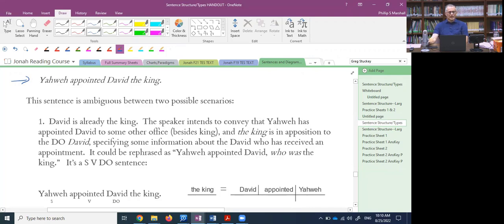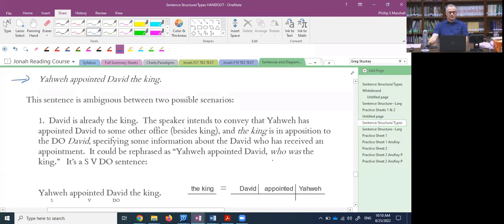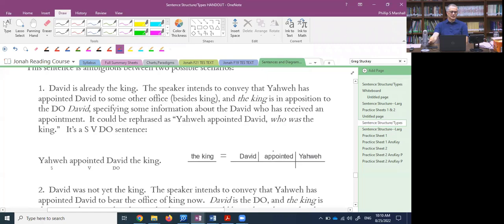And so what type of a sentence is this on this first construal? It's a subject verb direct object type of sentence. So Yahweh appointed David and the king is in apposition. Okay, so the basic sentence type is this SVDO. How would I diagram that? Yahweh appointed David goes in this order, right?